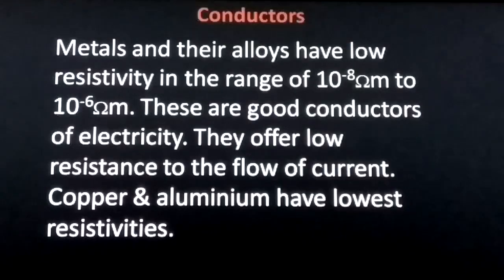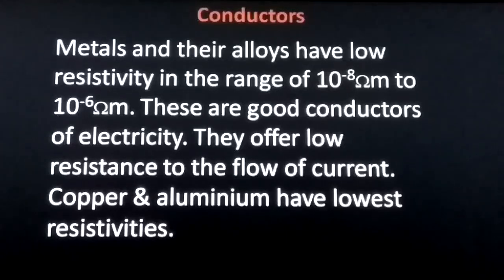You know the general definition of the conductors: the substances which allow the electricity to pass through them are called the conductors. And also you know the examples for the conductors. Almost all the metals are good conductors of heat and electricity.